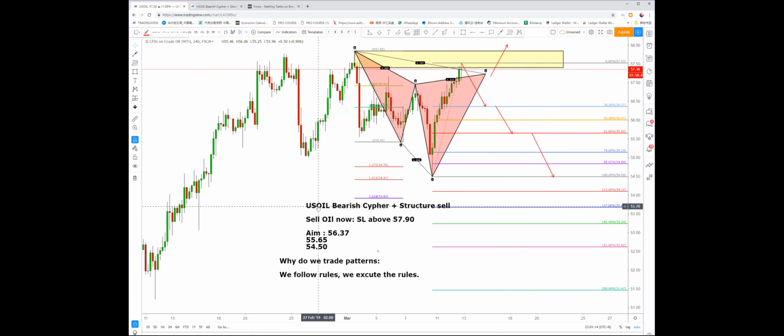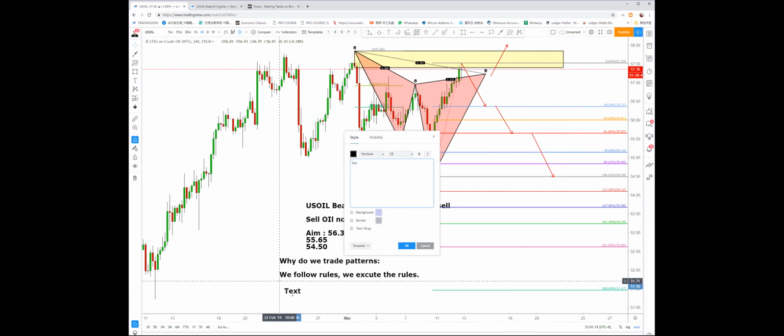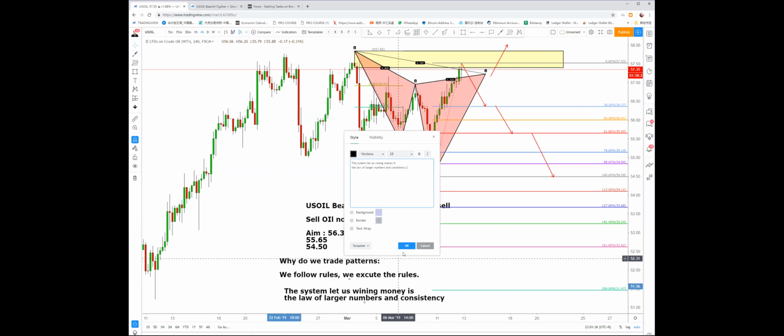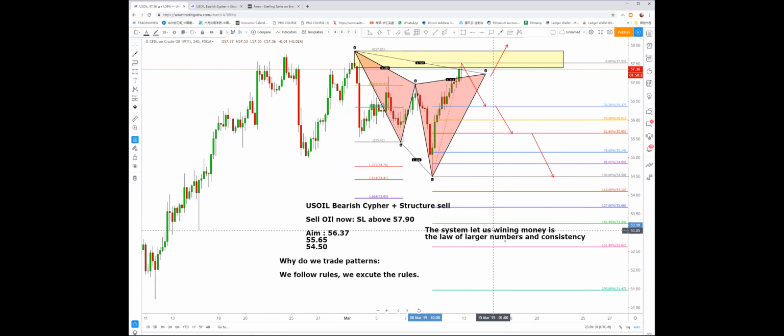Do you agree? The way the system lets us win money is the law of large numbers and consistency. Just remember this, right? You have to trust the system.